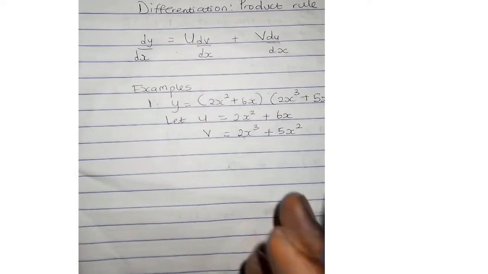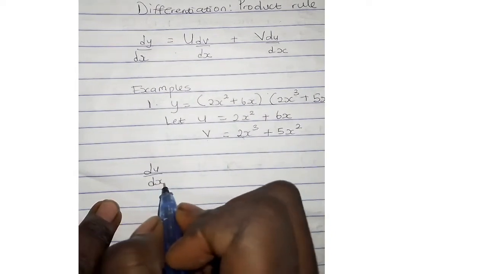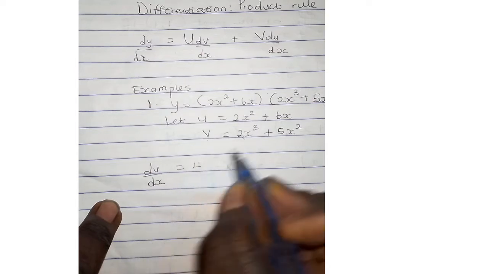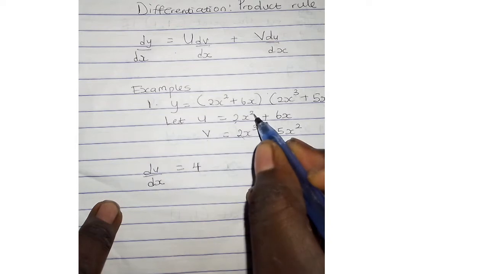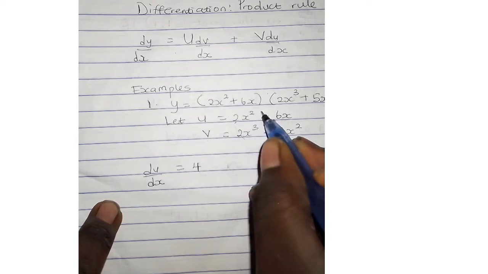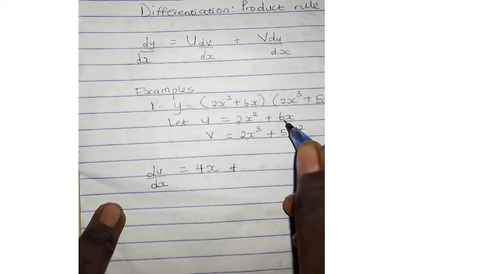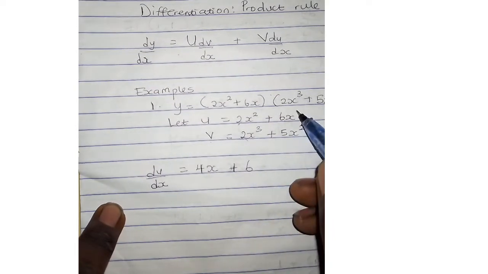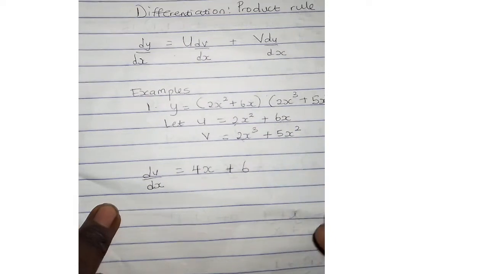Differentiating u with respect to x, du/dx will be equal to, 2 multiplied by 2 is going to give us 4. Then we remove 1 from the power. 2 minus 1 is 1. So we're going to have 4x plus 6. Because this is just the power of 1, 1 minus 1 is 0, and anything raised to the power of 0 is 1. So 1 multiplied by 6 gives us 6.